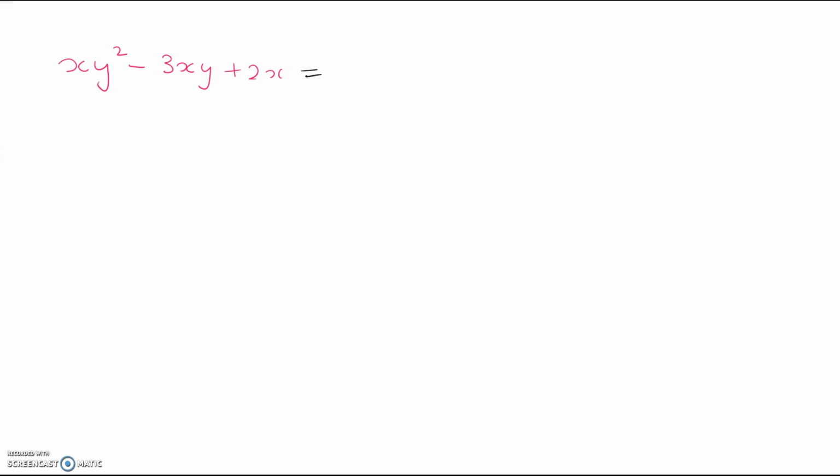First up, you can take out a factor of x. And many of you left your answers there, but that's not the full answer because the question said fully factorise. So now you need to factorise what's in the brackets as well, and that becomes (y minus 2)(y minus 1).